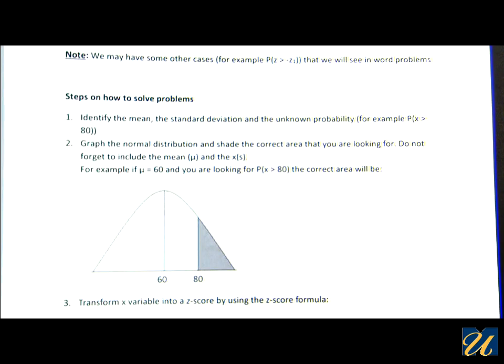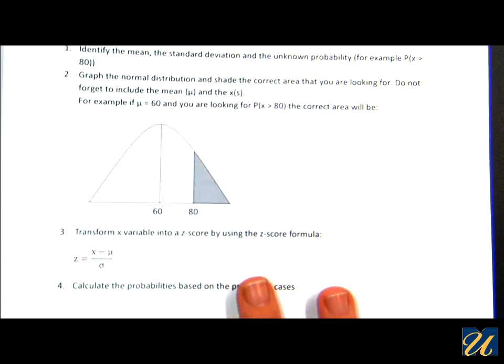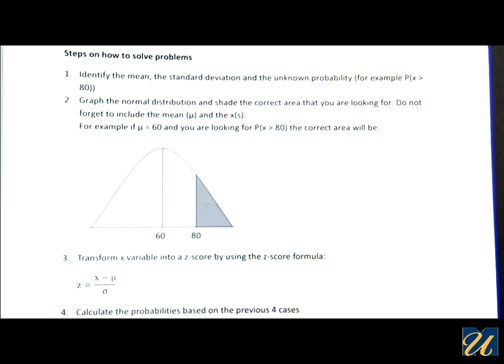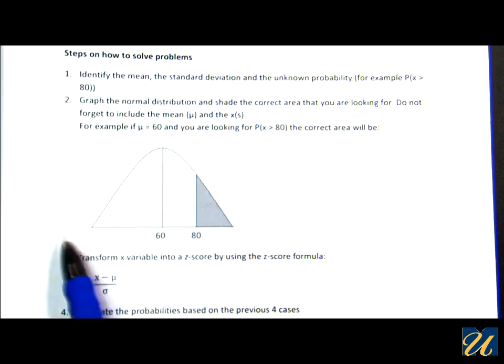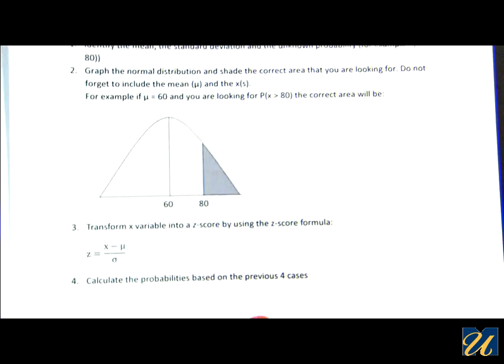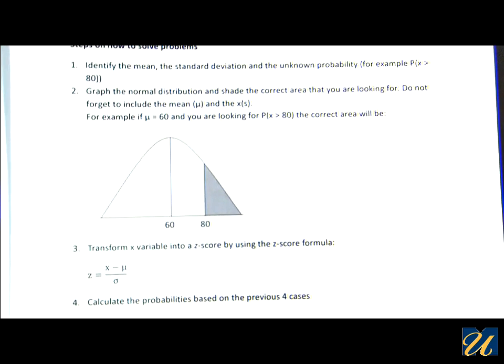In doing so, the first step is to write down the probability you're looking for, draw the normal curve, check the areas that you're looking for, calculate the z-score, and then check your table for the corresponding probability.